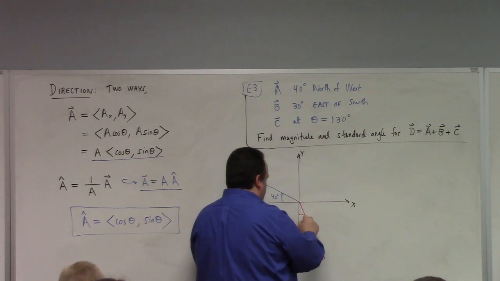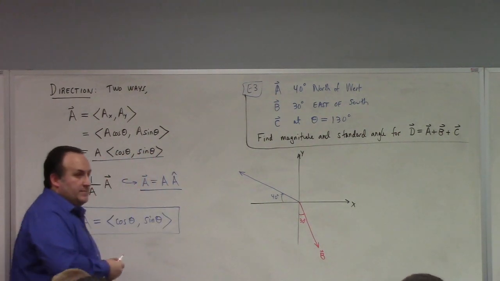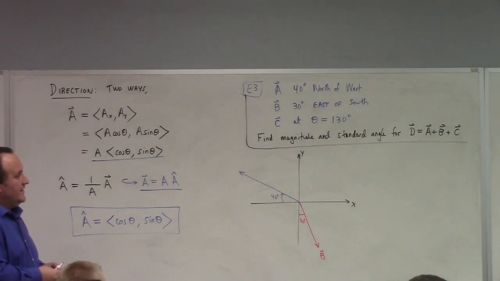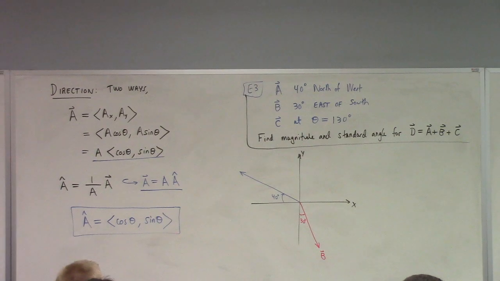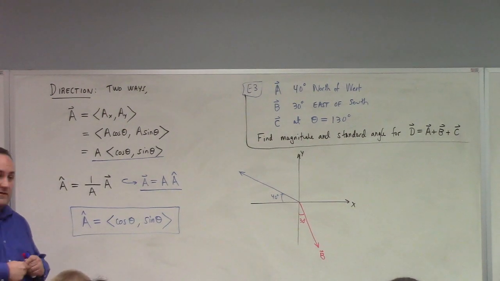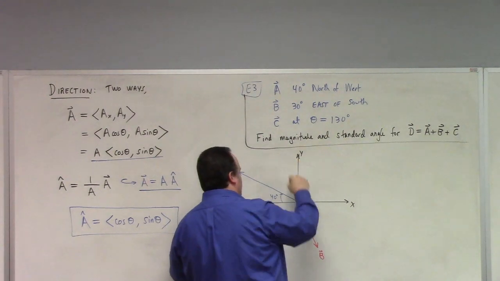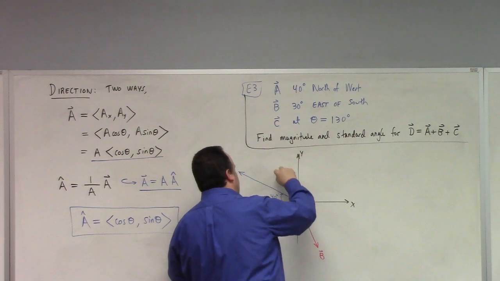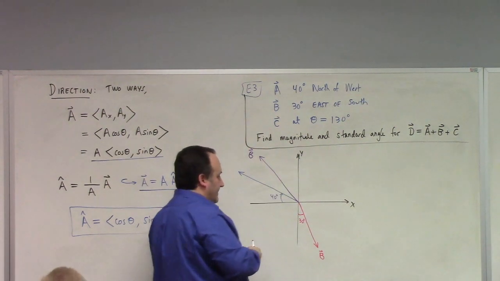And this angle here would be 30 degrees, as I've worded it. 30 degrees east of the south, all right? And then finally, C is at 130 degrees. Let me do that in purple. So if you think about that, that's 90 degrees plus 40 degrees, right? So you're sweeping 40 degrees off the positive y-axis. It's something like, kind of sort of like this. All right, so there's your C. Okay?